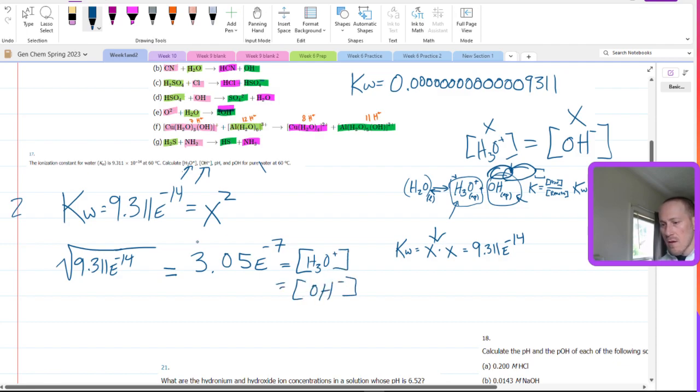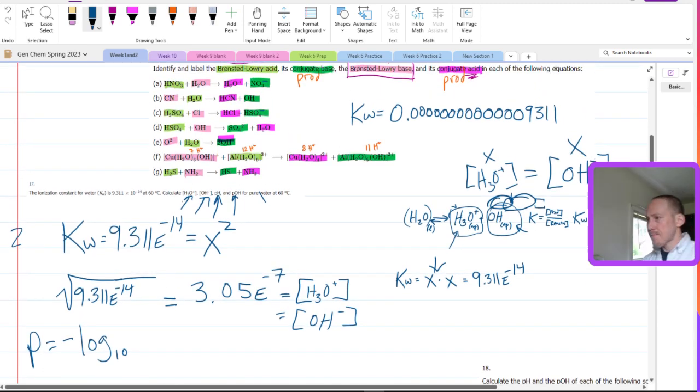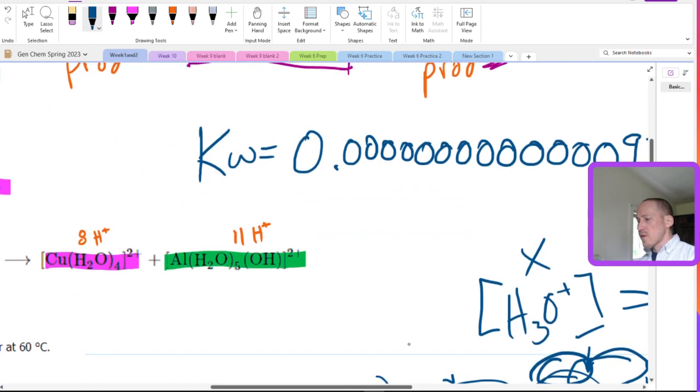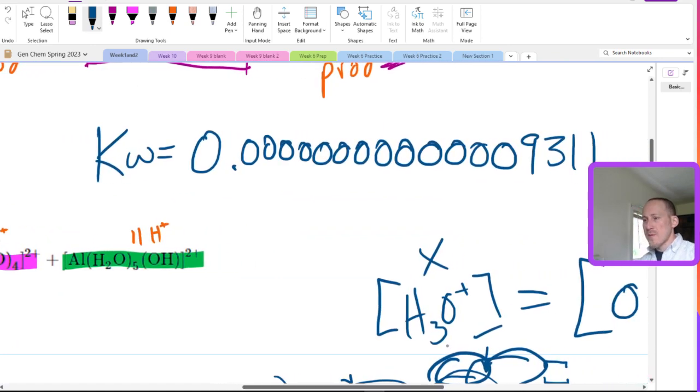And then P of anything, pOH and pH, P just equals negative log base 10 of whatever. So what does that mean, by the way? I think this is a really important thing to keep in mind. When it comes to something like Kw here, we've got all these zeros.